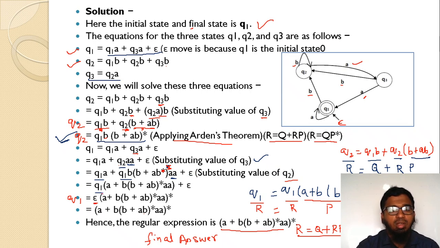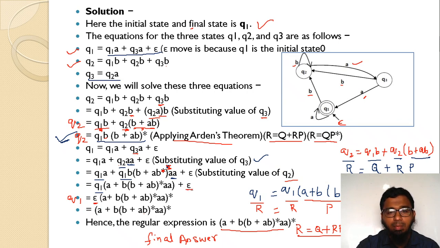Next, which one is common? Common is Q1. So we take Q1 common: Q1 (A plus B (B plus AB) whole closure AA). This is the equation after taking Q1 common.